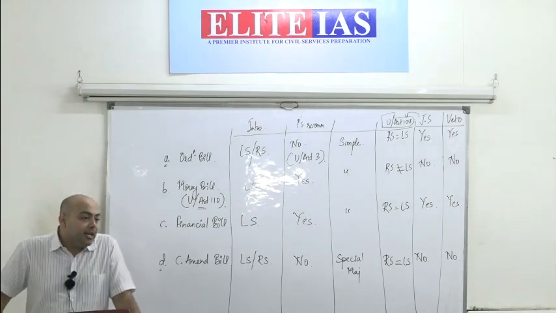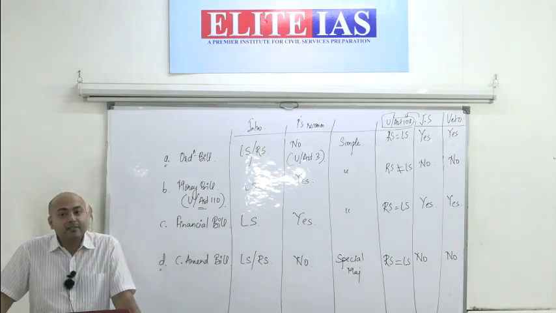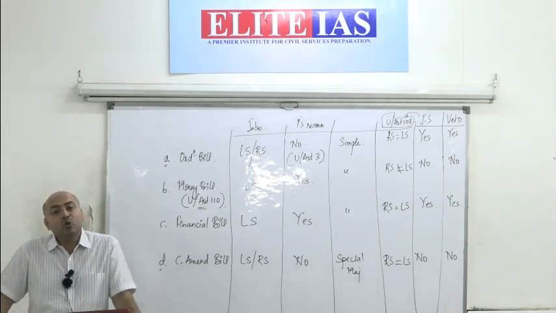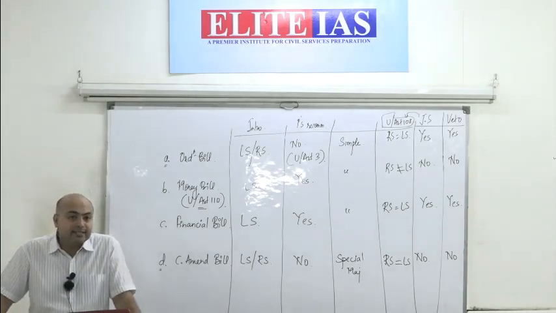When there is a bill that affects the federal nature of the state, and that bill is passed by the parliament, before the president gives his assent, more than 50% of the states should say yes to the bill.